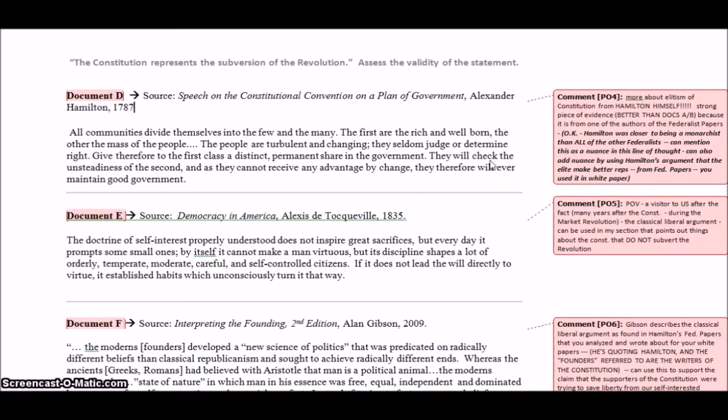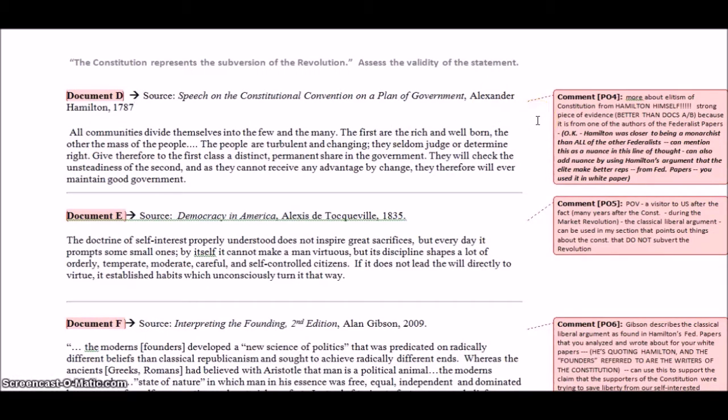Hamilton, admittedly, was closer to being a monarchist than all the other Federalists. So on one level, this isn't as great a piece of evidence. Yet it's a very good piece of evidence. But you should qualify in your essay by saying, to be sure, Hamilton was more of a monarchist and thus more elitist than all the other Federalists.